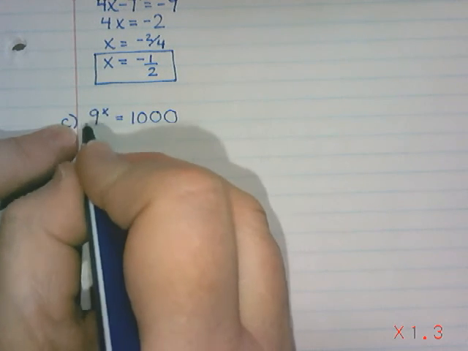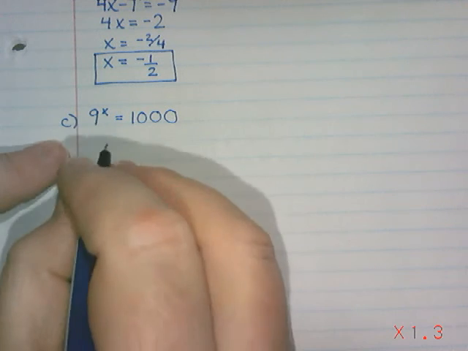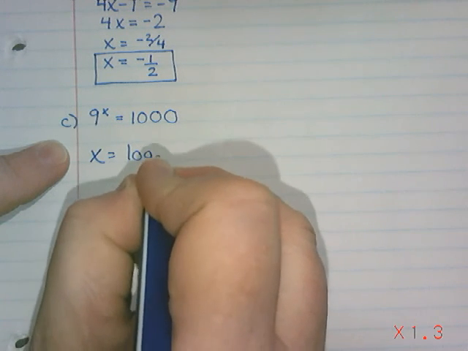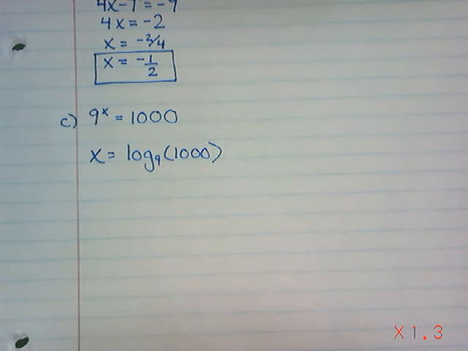So if I take this 9, the base of 9, to the other side, it becomes a log base 9 of 1,000. And then from here, if you have a calculator that can do log base 9, that's terrific. Mine does not, so I either have to convert it into log or ln.